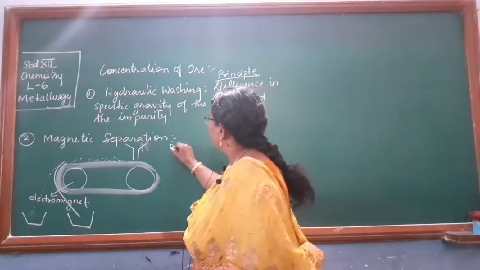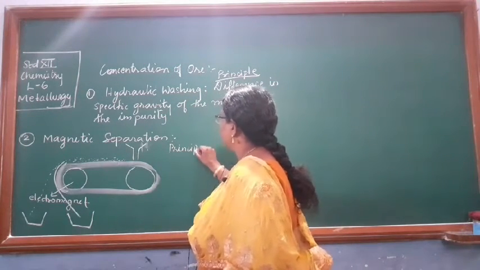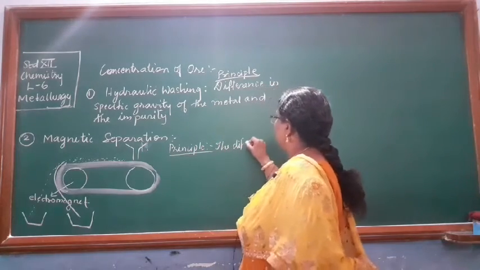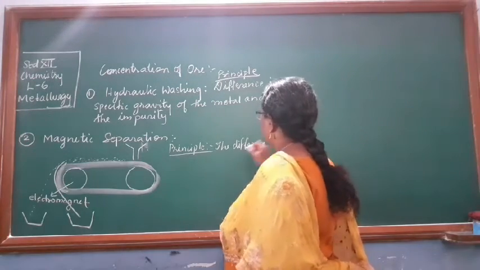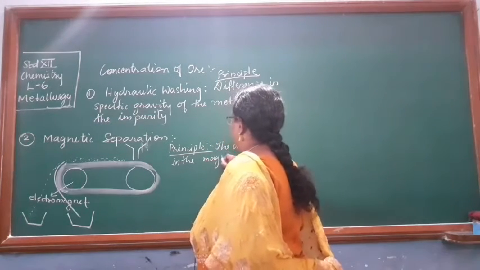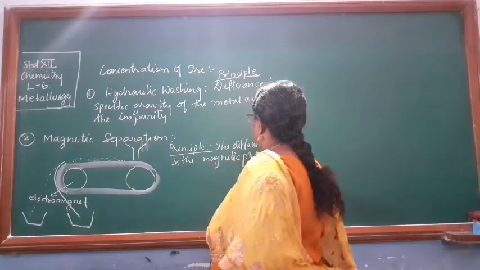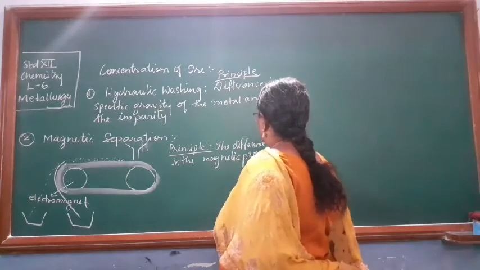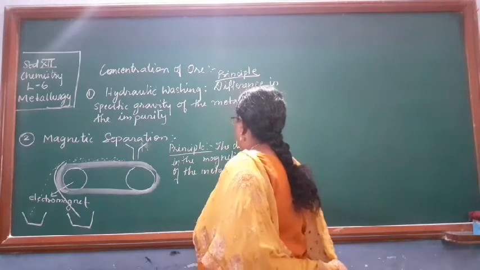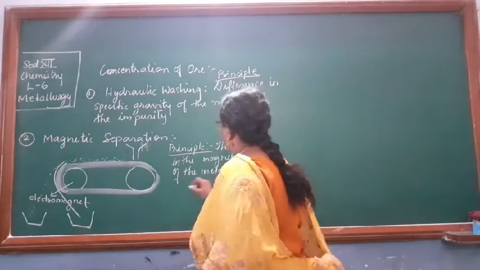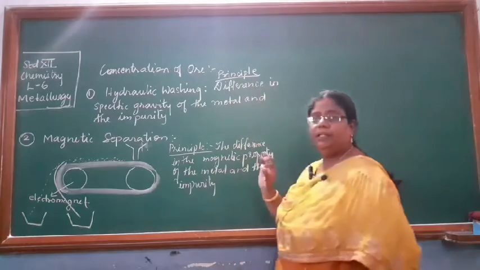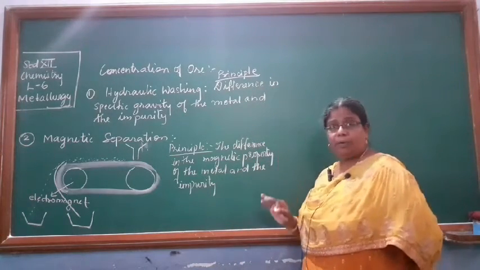It is the difference in the magnetic property of the metal and the impurity. So impurity and metal have different magnetic properties.